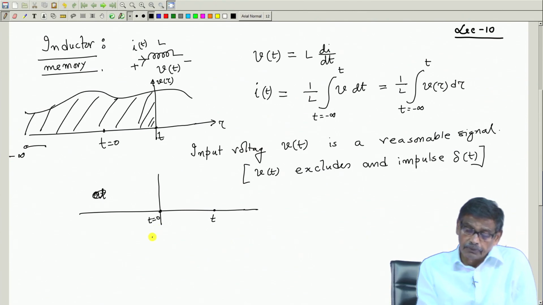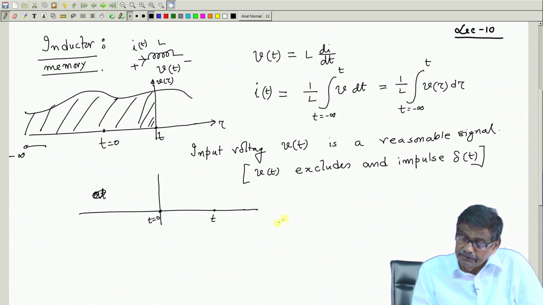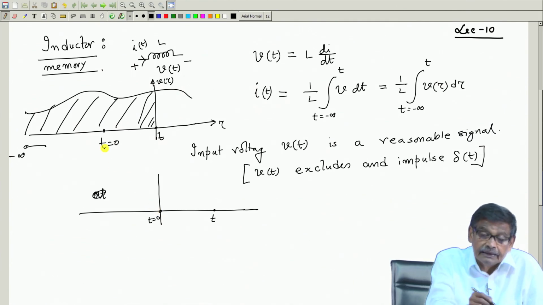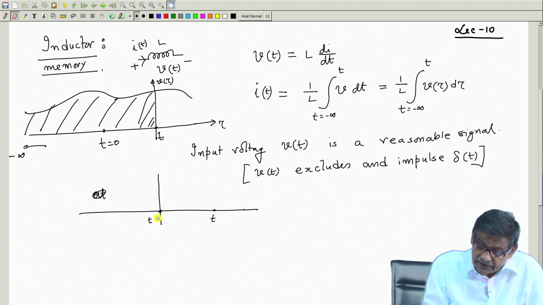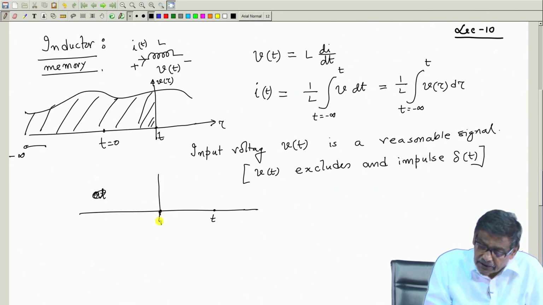See, for example, the value of the current, suppose I take, I am showing in a larger scale, suppose you take a time here, this vertical line is t equal to 0, this point is crucial.